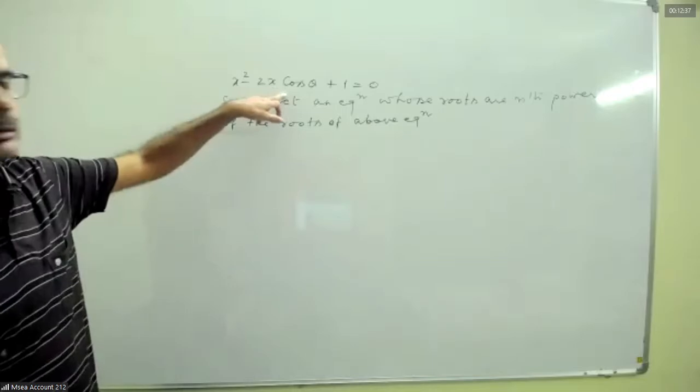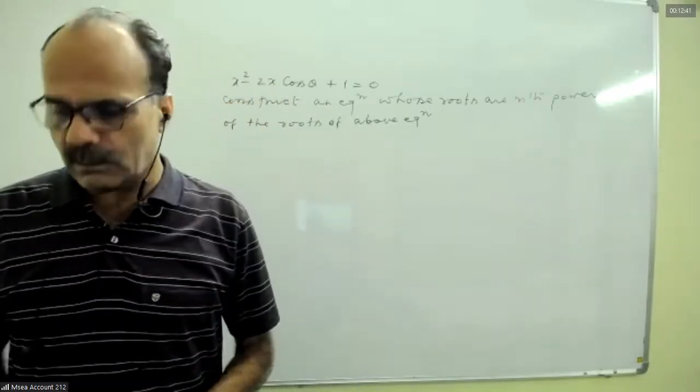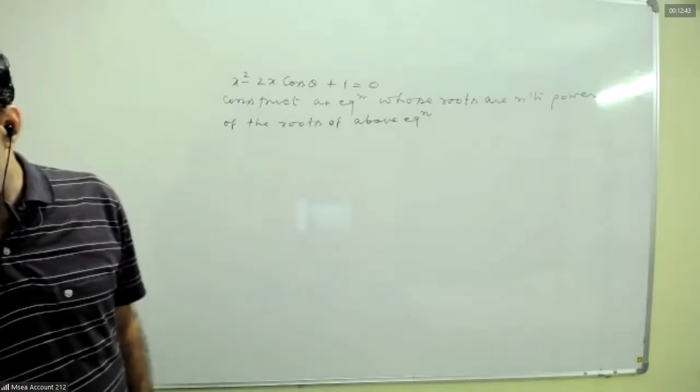If alpha, beta are the roots of this, then we have to construct an equation whose roots are alpha to the power n and beta to the power n.